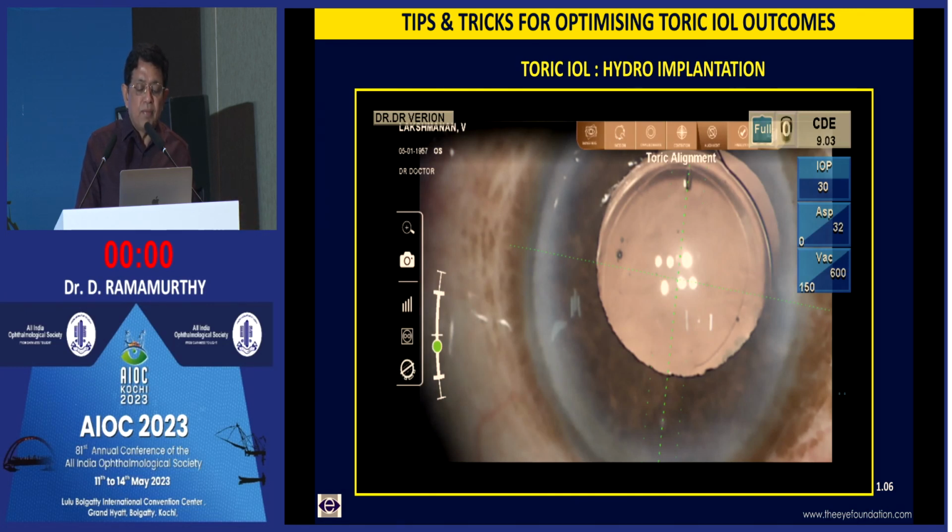There are several manufacturers who come up with good quality lenses, and the cost to the patient of an Indian toric intraocular lens and an imported aspheric single piece lens is almost similar. So we'd rather give the patient the advantage of neutralizing the astigmatism rather than insisting on an imported lens being implanted.